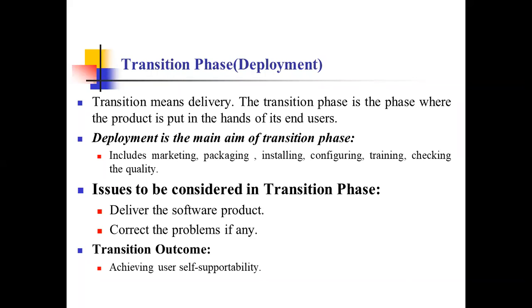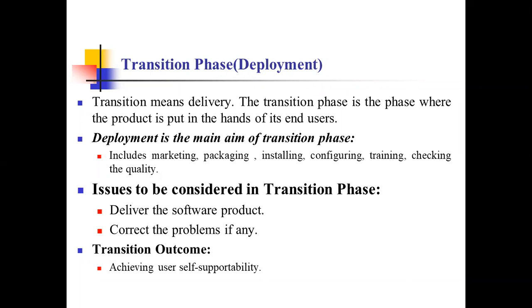Deployment is the main part of the transition phase. That includes the marketing, packaging, installing, configuring that product, then giving training to the end user about that product, then checking the quality based on the requirements of that product. Then what are the issues that are considered in the transition phase? We have to deliver the software product to the end user, then we have to correct the problems.